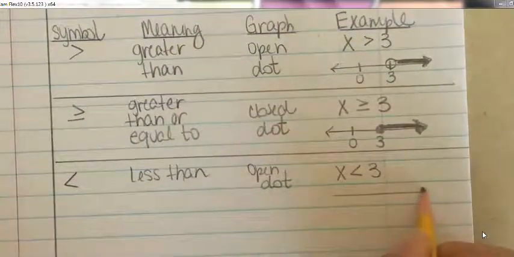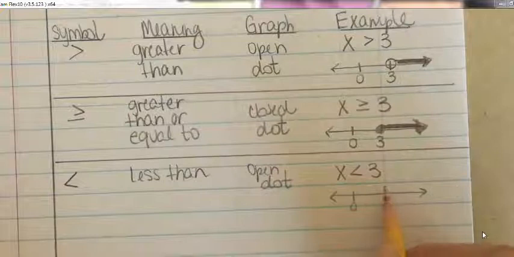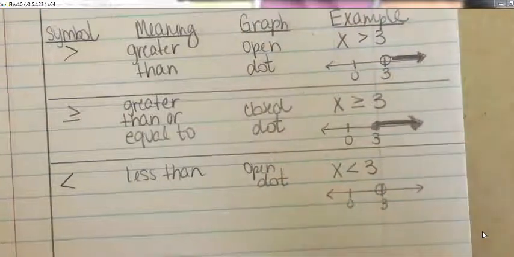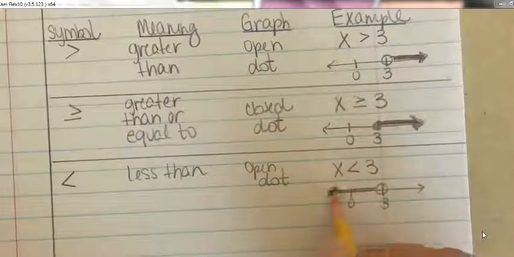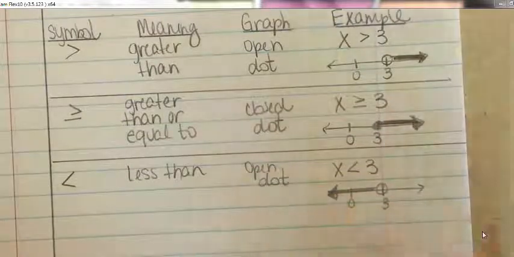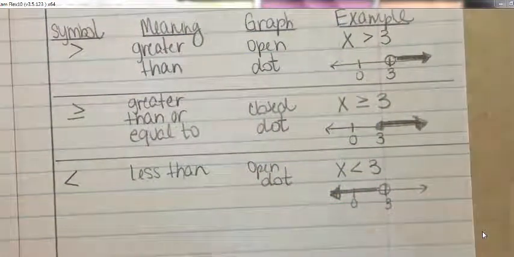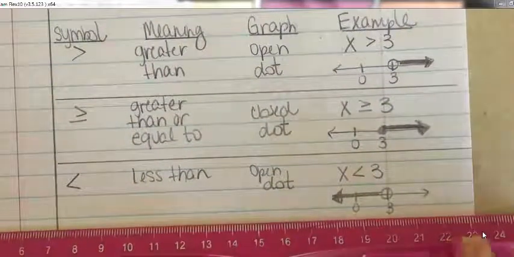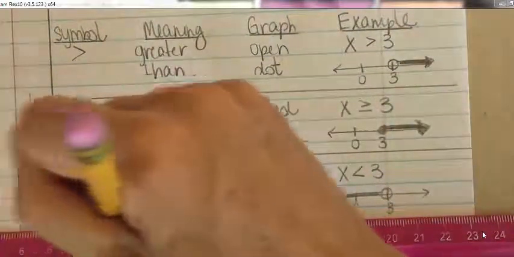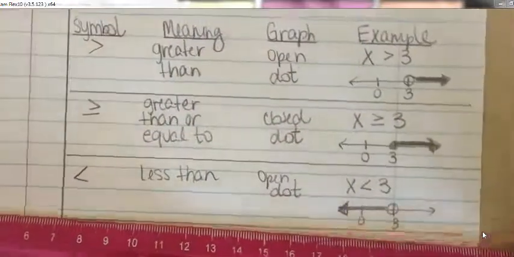Then the graph of that: open dot at 3, because it can't equal 3, but it can be all numbers that are less than that. So you shade in that left side. All numbers, so 2.99 can be a solution, but so can negative 5 million.